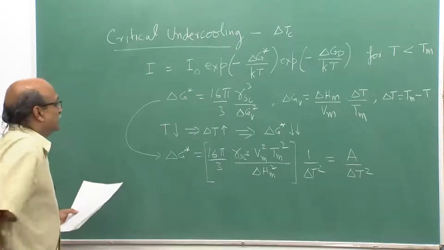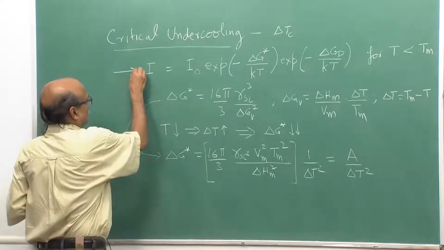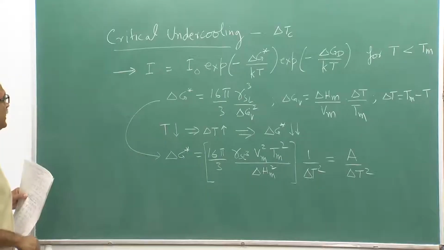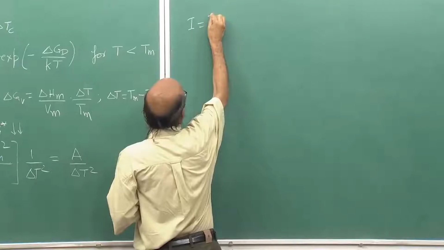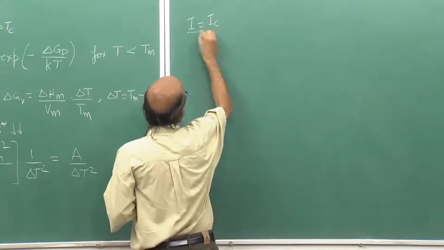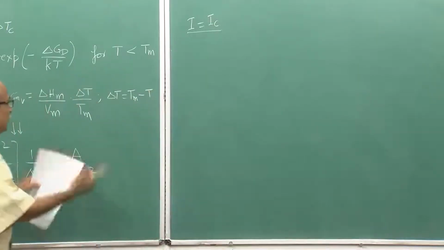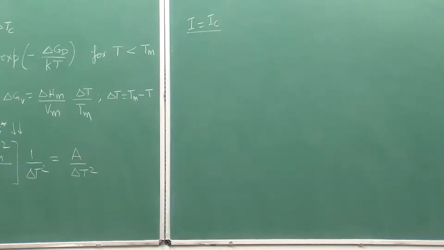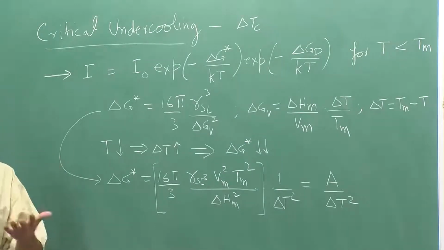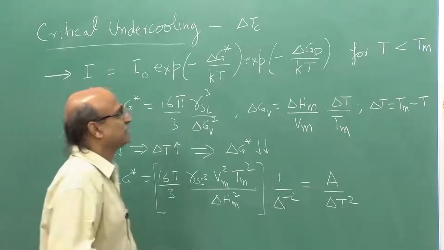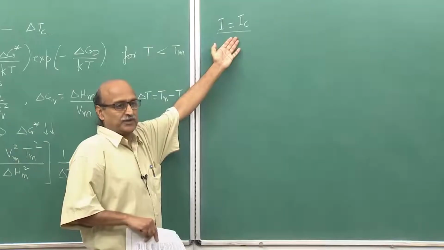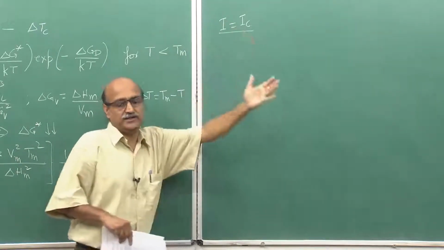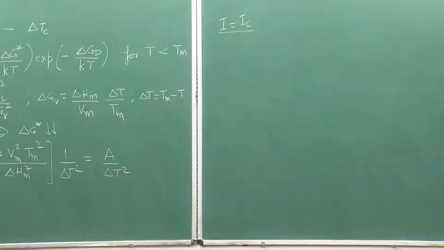Now, let us go back to the nucleation rate, and let us say that there is a critical nucleation rate, I is equal to IC. Below this critical rate, there is very low probability of nucleation, so we do not expect any substantial nucleation to take place, and the liquid actually remains in the supercooled state without solidifying.